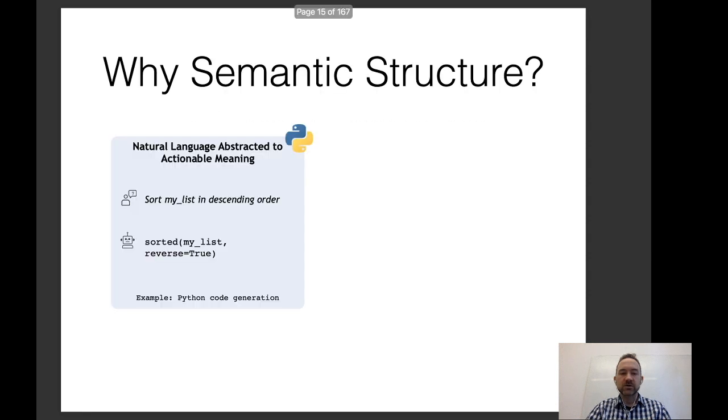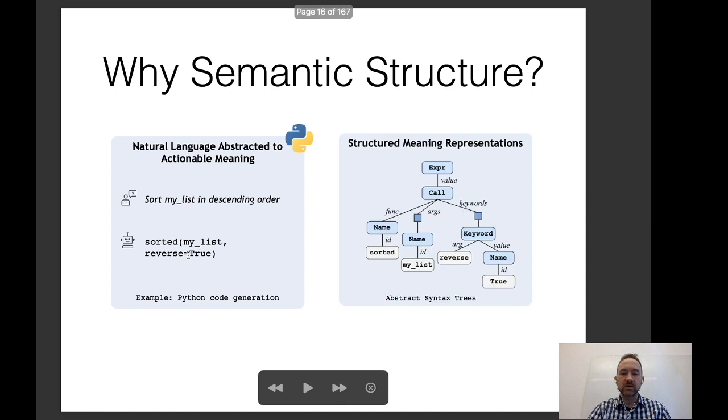For semantic structure, there are a number of different types, so it's a little bit harder to say this is the use case for it. But to give an example, like I did before, we have a natural language sentence and a source code utterance here. And we have a structured meaning representation in tree format corresponding to the source code.